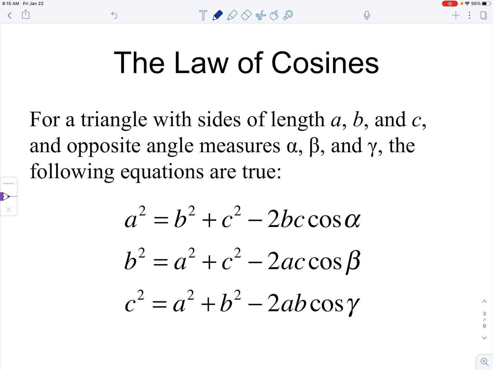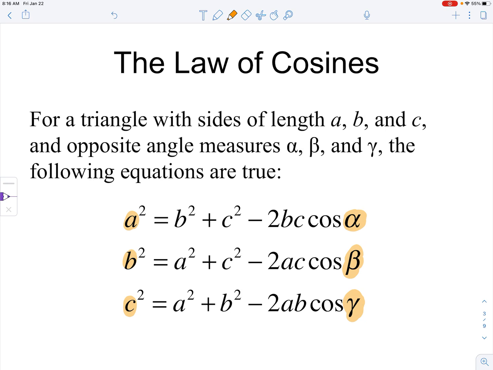Now, this is the way the law of cosines is written in your textbook, and it makes it seem like it's 3 different formulas that you have to memorize, but it's not. Notice that in each of these formulas, the side that's being squared on the left-hand side is opposite the angle that you're taking the cosine of.